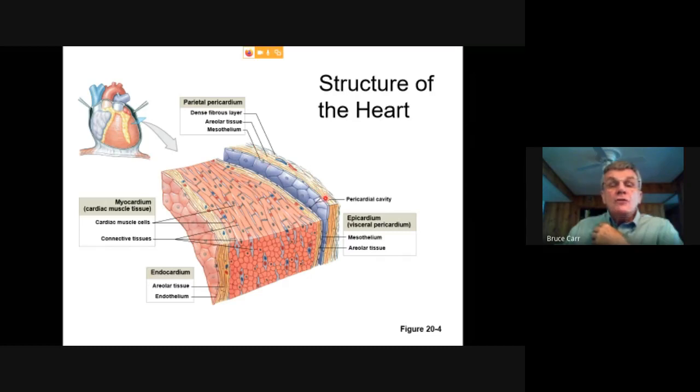And as you notice, connective tissue, areolar tissue, a general loose connective tissue, providing some substance for the attachment of the outer, and then this mesothelium that lines the pericardial cavity. Notice them flat with tight junctions between the cells, providing that space. This part is constantly moving by the contraction of the muscles, and so up and down, but this fluid-filled space allows it to move freely with a minimum of resistance.